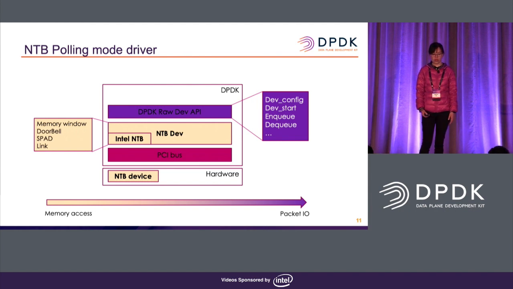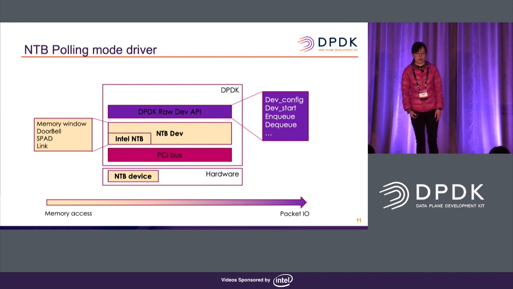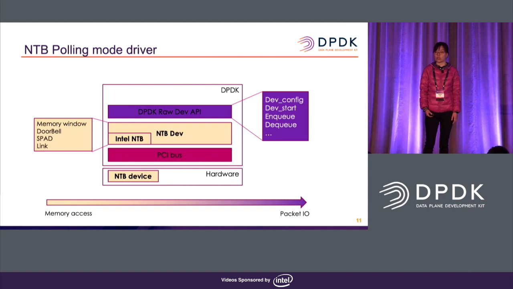So we put the NTB kind of device here, and because the NTB device is not specific to Intel, it is a kind of PCI spec. So multiple vendors can support non-transparent bridge. So we define some ops for the NTB kind of device.